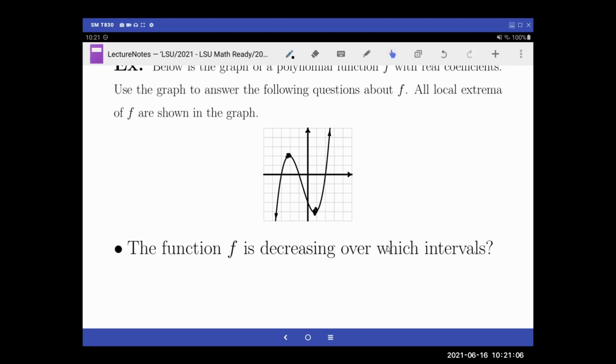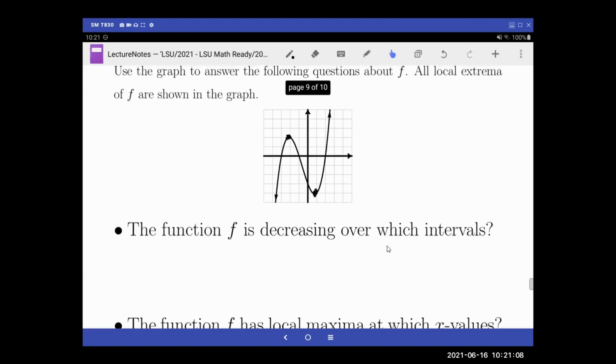All right, what are the questions? The first question is, the function f is decreasing over which interval? Okay, well, remember, decreasing means that if you're tracing it from left to right, you're going down. So here I'm going up. Once I hit this point, I'm now going down. I hit this point, I'm going up again, right? So it was right here, this interval right there.